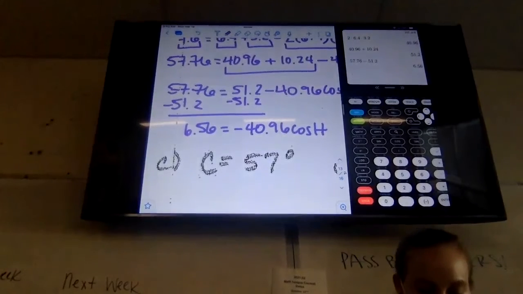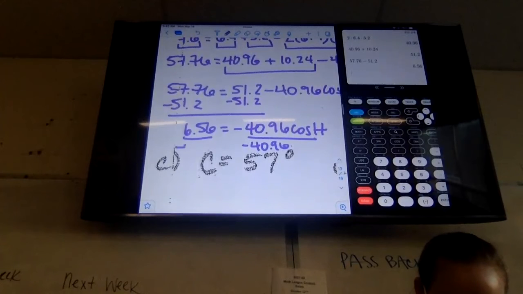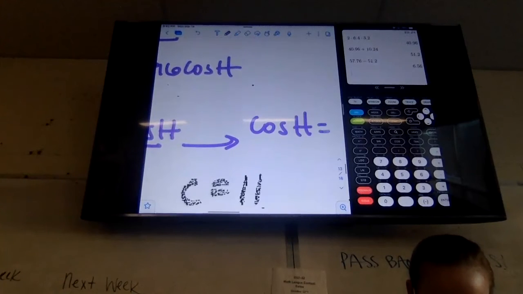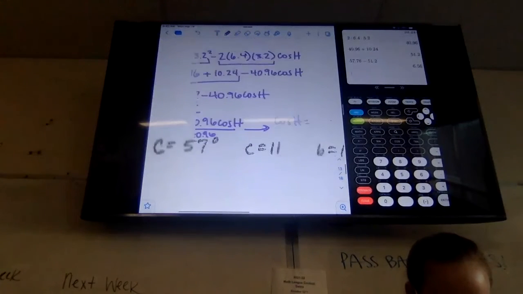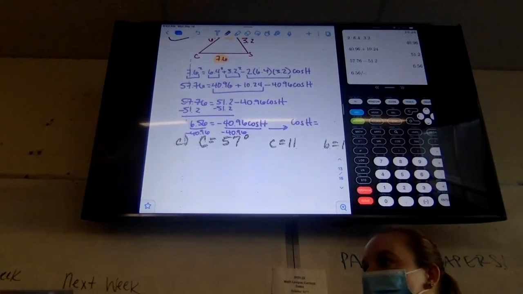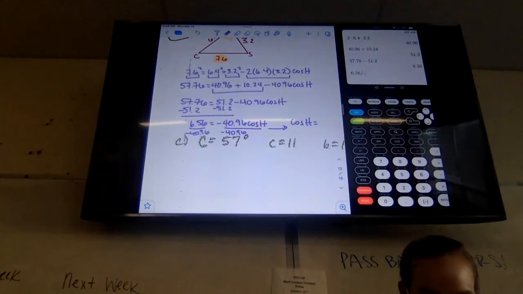And then don't we just divide by 40.96? We divide by negative 40.96. Don't forget your negative. That can affect your answer. Remember my number, 6.56 divided by negative 40.96.